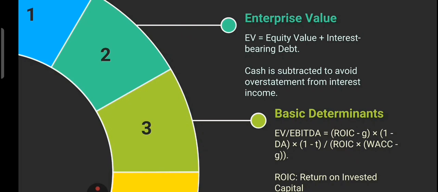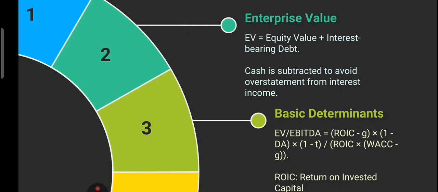ROIC is return on invested capital, small g is growth rate, DA means depreciation and amortization, small t is the tax rate, and WACC is the weighted average cost of capital.